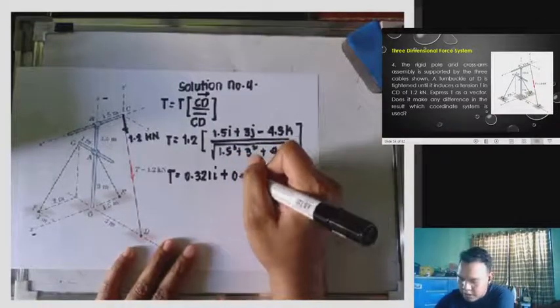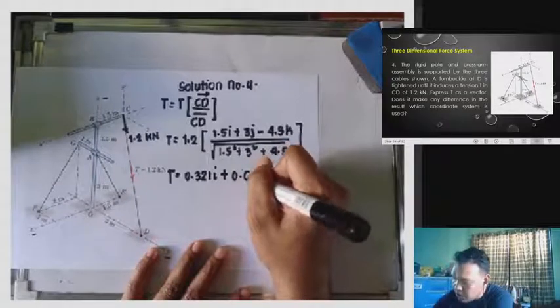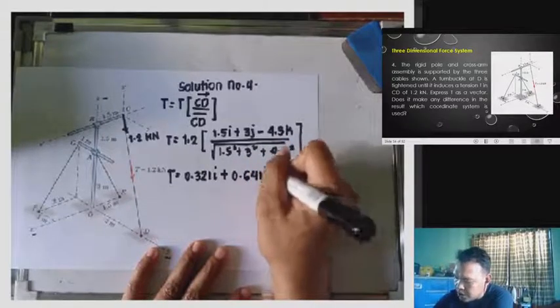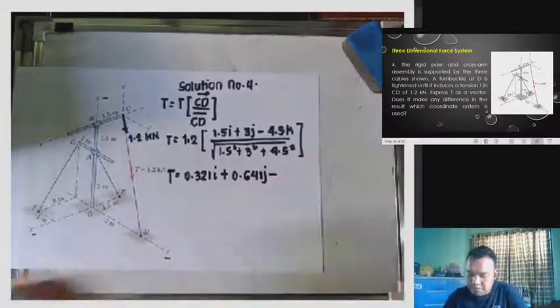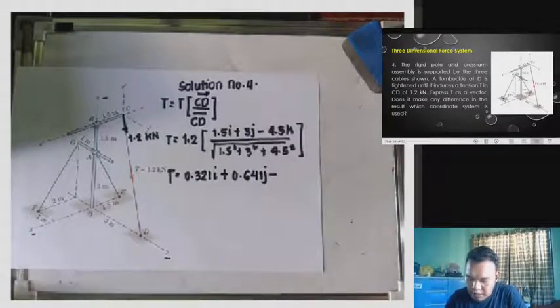We have here 0.641J minus yung 4.5. 1.2 times negative 4.5 all over 1.5 squared plus 3 squared plus 4.5 squared.